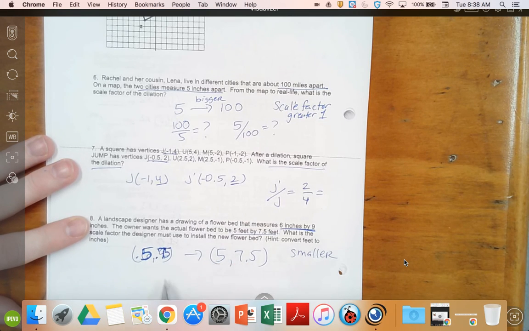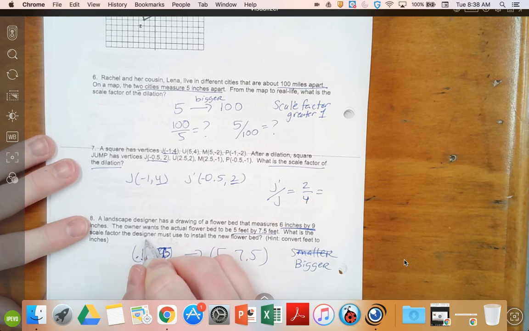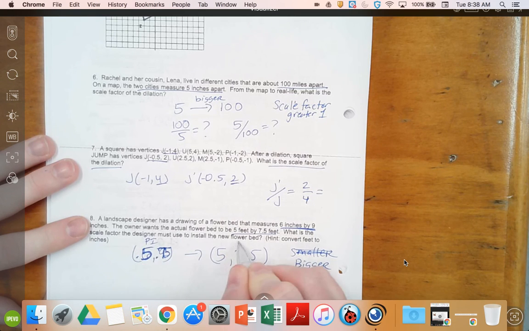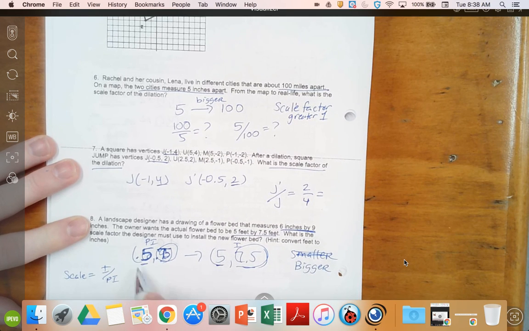Remember, here's my pre-image, here's my image. My scale factor is the image divided by the pre-image. Just pick the points that match up and divide it out.